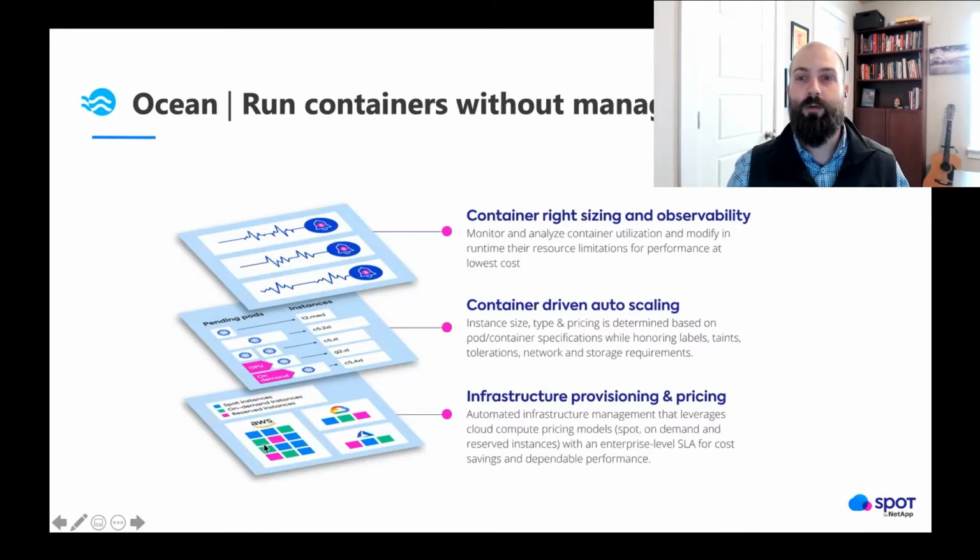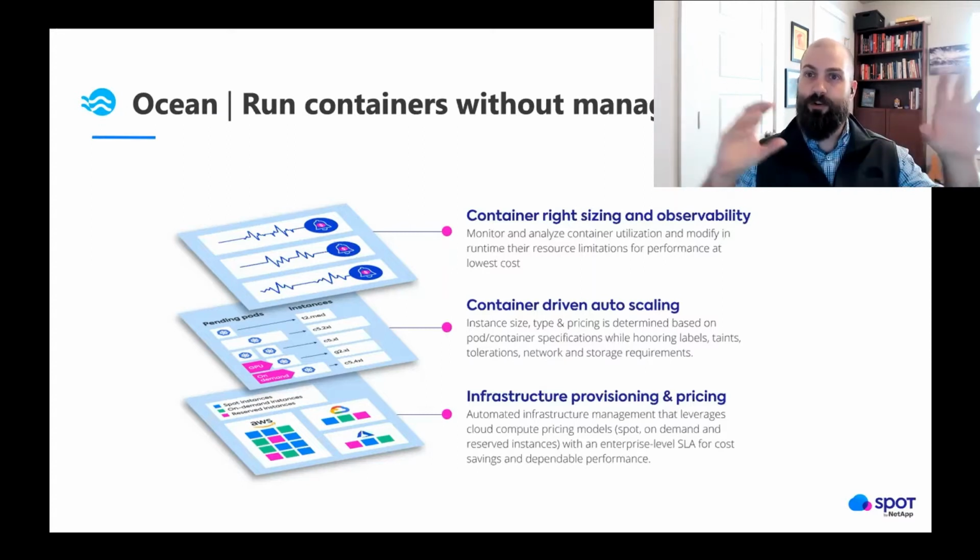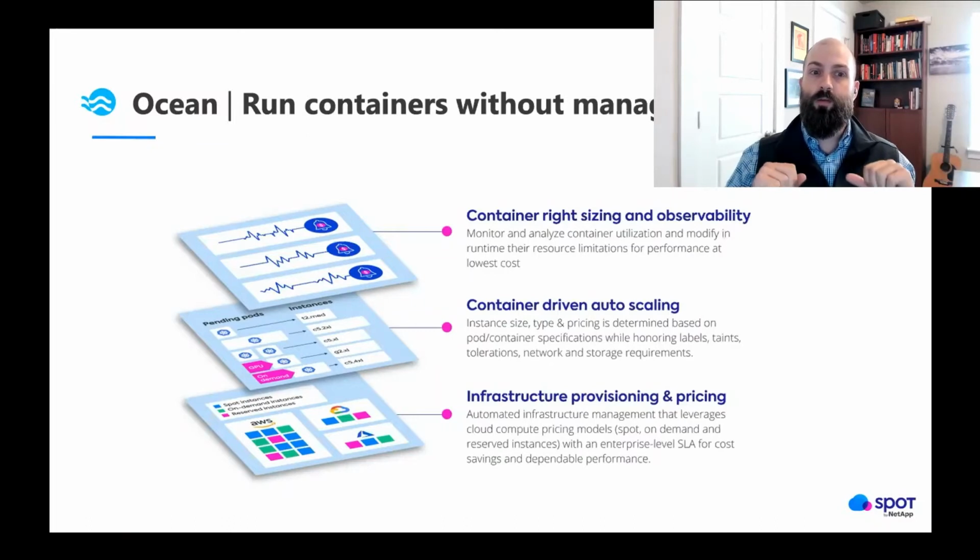But on top of that, we realized that there were some challenges with the ongoing management around actually running your containers on this type of environment. So on top of that, I mentioned earlier mixing and matching a couple of different instance types. We will automatically bin pack, or play a game of Tetris, with your worker nodes and pods. Maybe you're running them normally on an M5 medium. We might deploy a couple of them onto an M5 extra large, which we can get at a lower cost per vCPU.